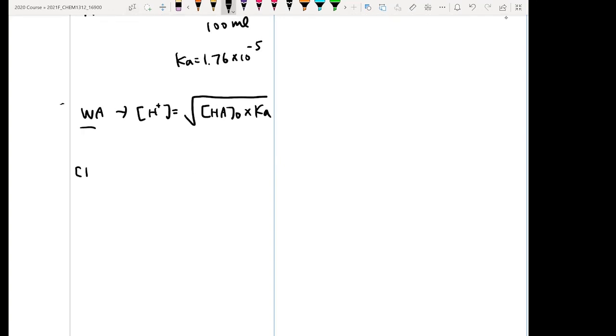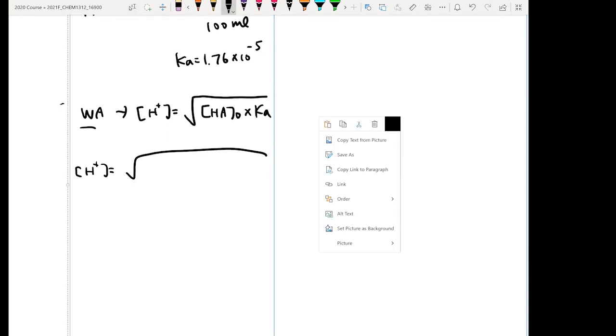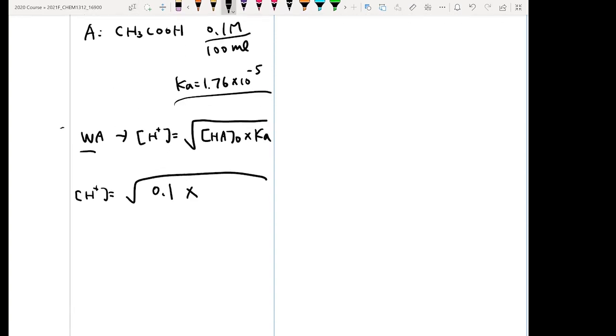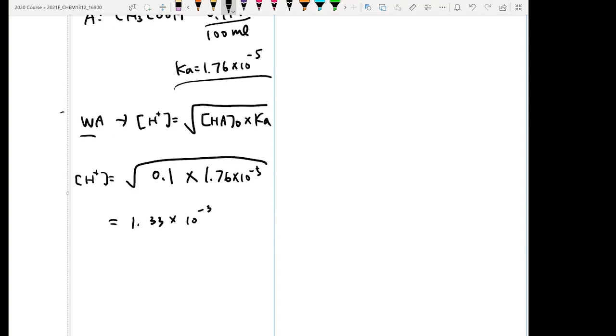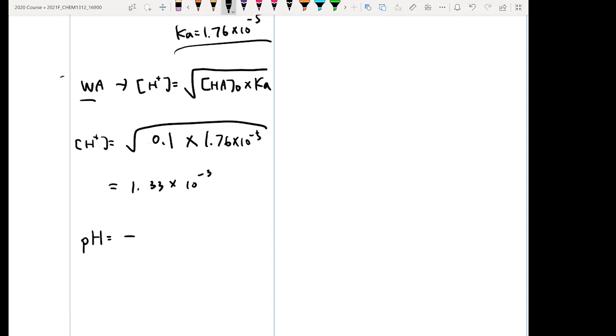The HA concentration is 0.1 M, Ka is 1.76 times 10 to the negative 5. You should see a value of 1.33 times 10 to the negative third. That's your proton concentration. pH equals negative log of the proton concentration, which is negative log of 1.33 times 10 to the negative third. Therefore, the pH is going to give you a value of 2.87.